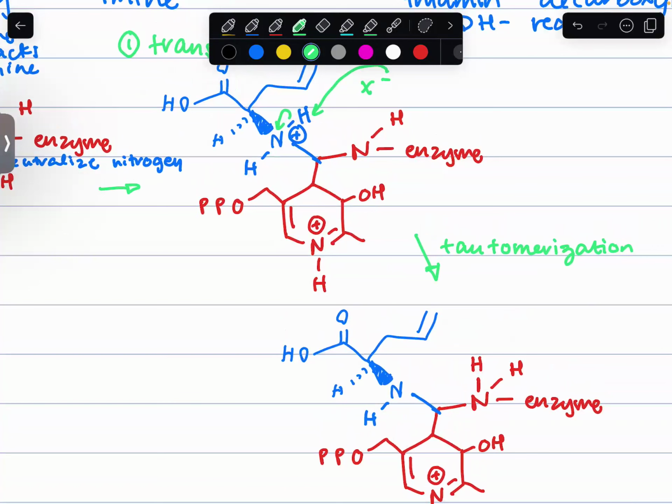So basically this proton moved to this nitrogen. We took it from one place and put it somewhere else. And so the basic definition of a tautomerization is you're changing the connectivity, but you're not changing the chemical formula.